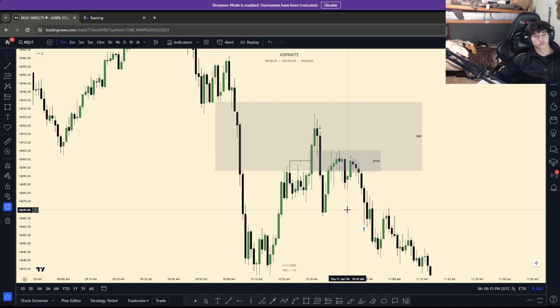Now I did get a question on this previously: if you trade footprint charts, how do you know order flow is switching? In order flow you look at delta, entropy, the amount of orders at the bid and the ask. Well, essentially, if you really want to read a candle, you want to read how it's respecting the PD arrays.